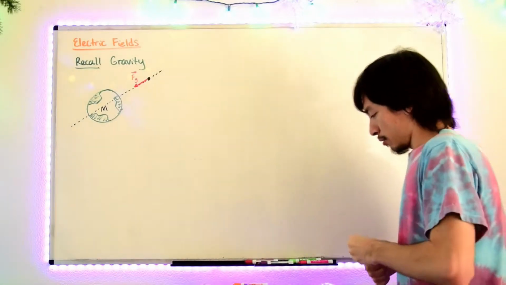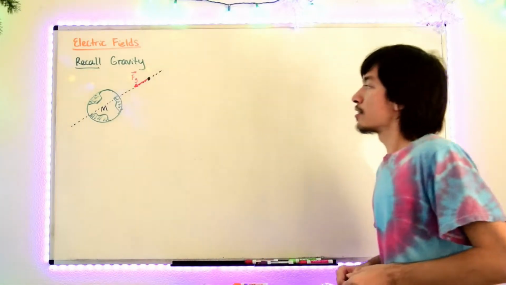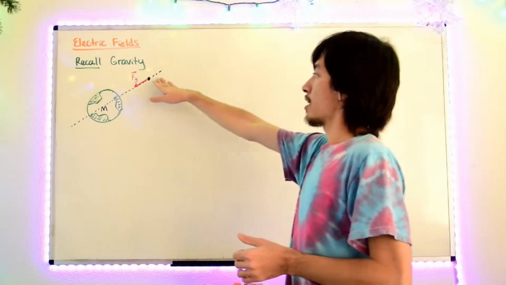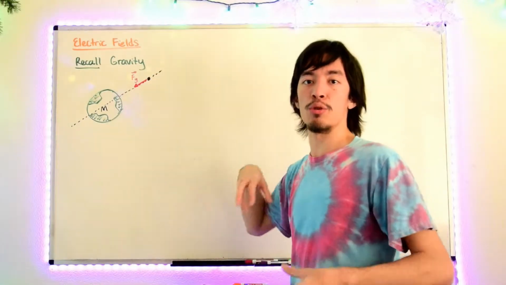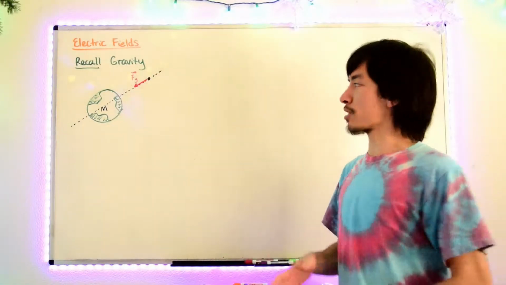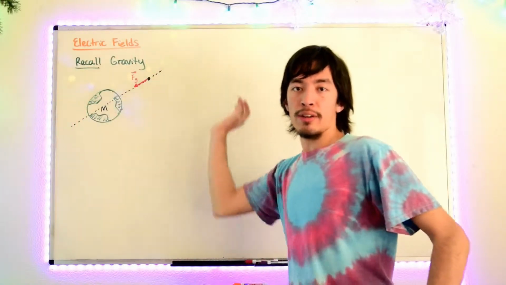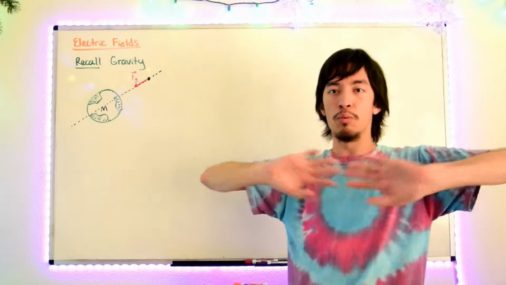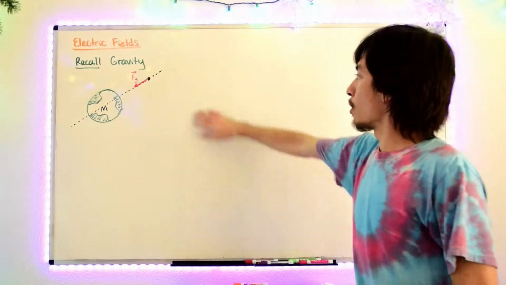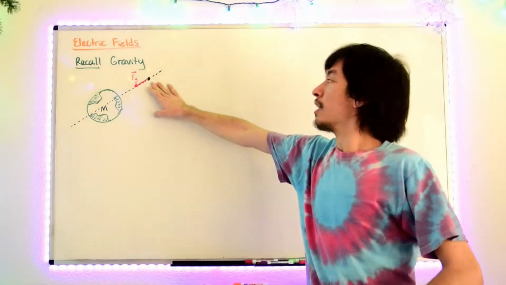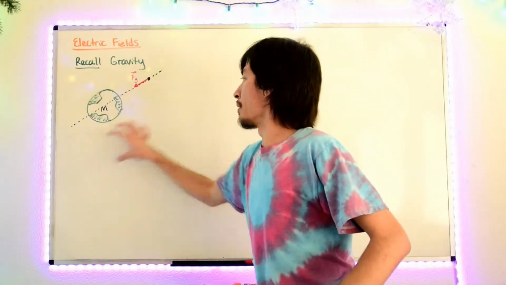So we like to define some quantity that doesn't depend on having this mass here. In other words, we would like to be able to say that Earth has a gravitational field all around it, regardless of what else is happening around it. Whether this mass is here or not, there should still be gravity around it.